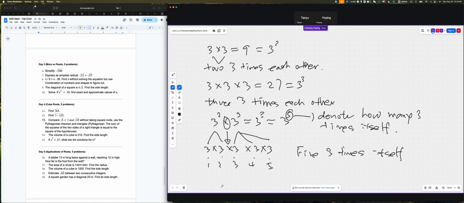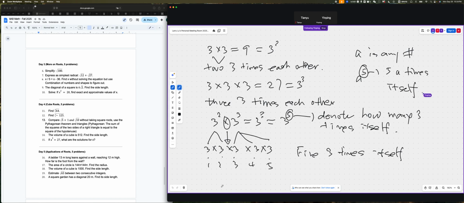If I change the 3 to be any number a, then a to the power 5 means 5 a's multiplied by itself.